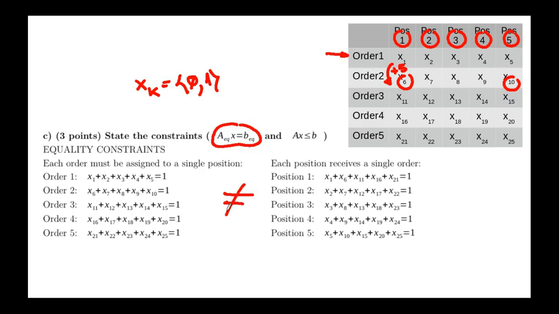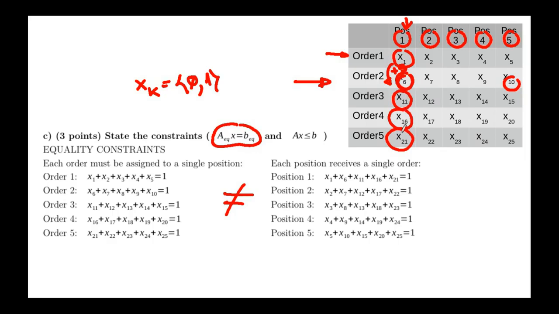These are not synonyms. What I mean is, first I was looking at this table from the left, but now I'm looking at this table from the top. What do I mean? Let's have a look at position number 1 in here. Here I have order 1 in position number 1, order 2 in position number 1, 3 in 1, order 4 in 1, order 5 in 1.